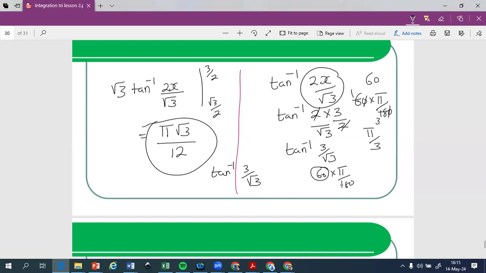Which angle do you get? 1.047? Oh, now your calculator is in radians. Oh, I get it, it is in radians. So here we are calculating in degrees. Yes, but you can cross-check.